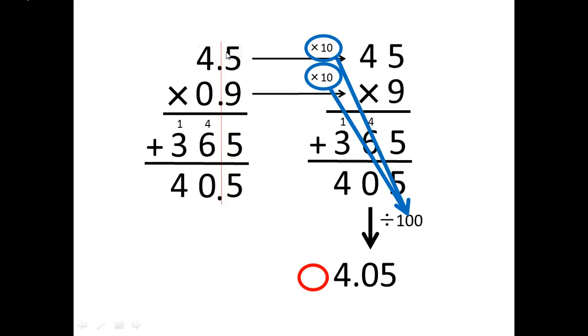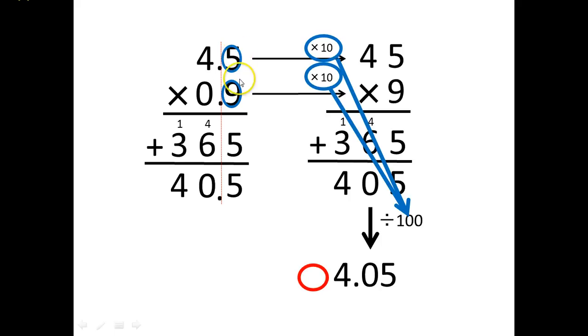Just simply ignore the decimal point, maybe in your head, and then just do the math as if the multiplicand and the multiplier are both whole numbers. But then in the end, you do have to realize that there are 1, 2, a total of 2 numbers on the right of the decimal points in the number sentence, right?